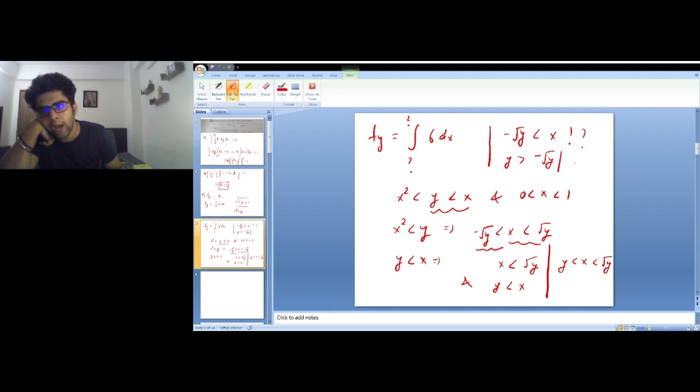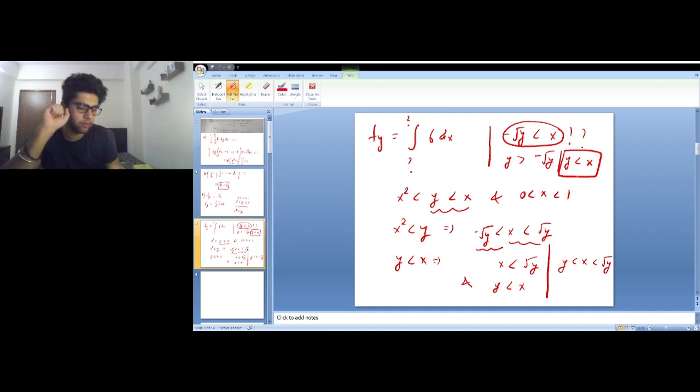Therefore I already have this limit, x is greater than y. So if I try to include this part, I would be ignoring this part, right? I would not be capturing the whole limit of x. That is why I will be including this, because y is greater than minus root y.